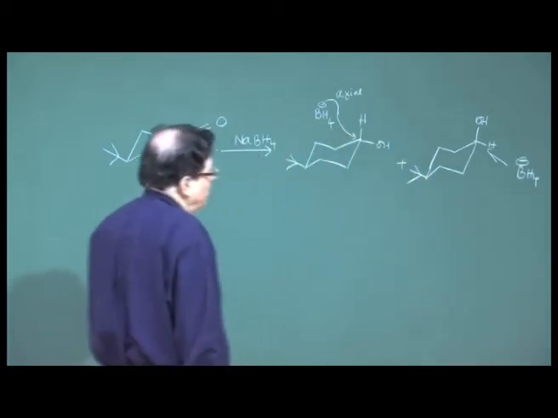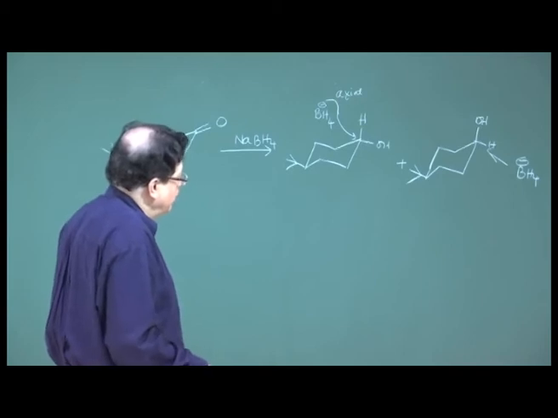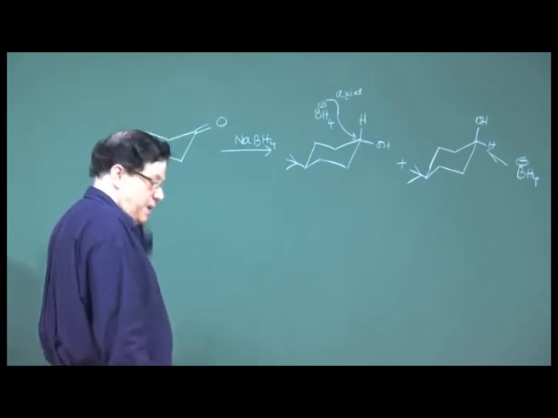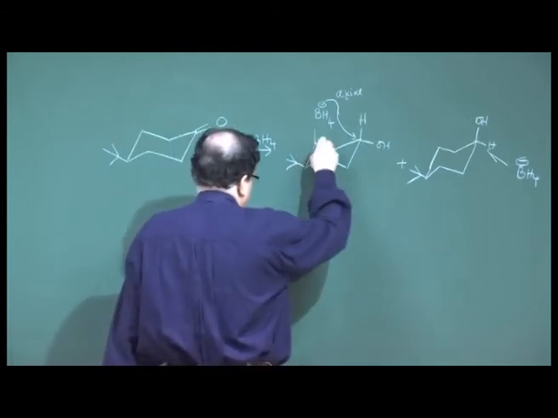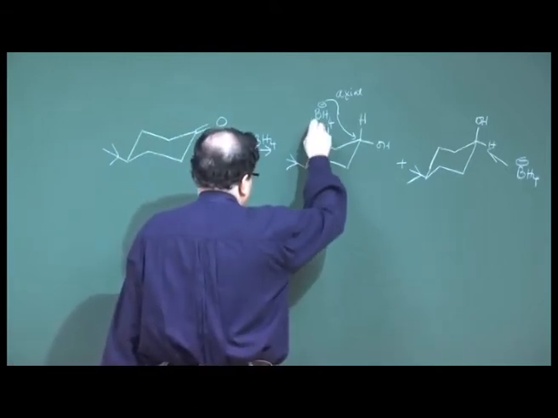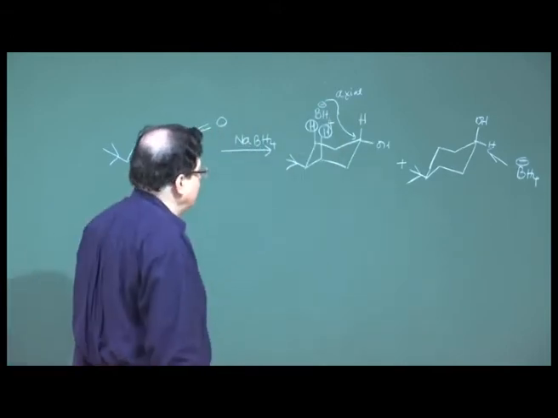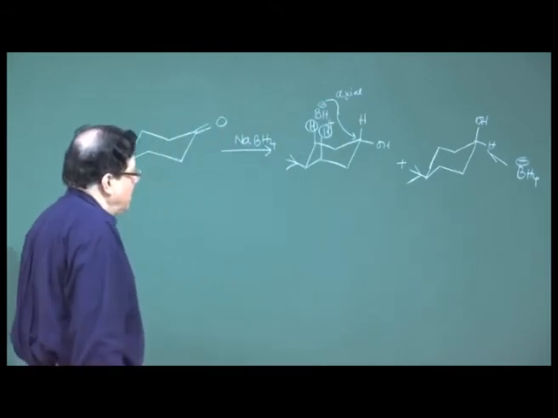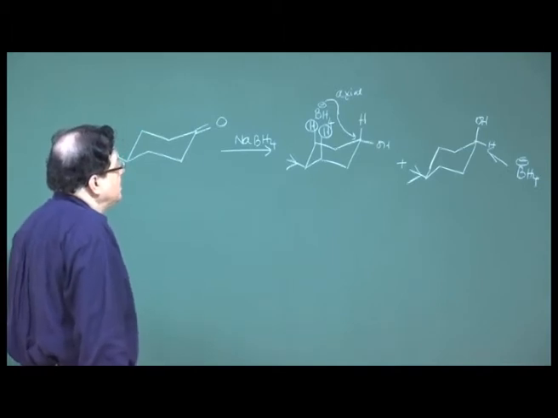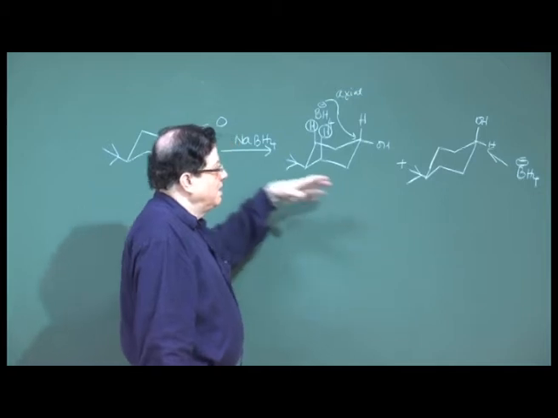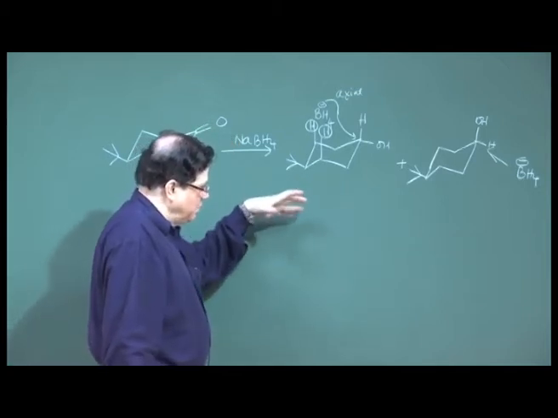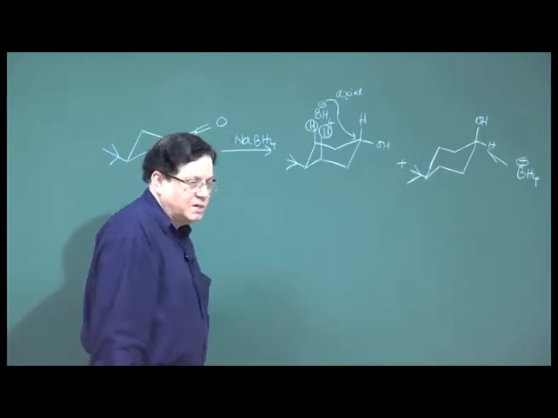So, there were a lot of problems in explaining the stereoselectivity of this reaction, because there are steric factors which were bothering people, that these hydrogens should offer steric hindrance to the approach of the borohydride. This reaction is called steric approach control, because it is not product stability controlled.